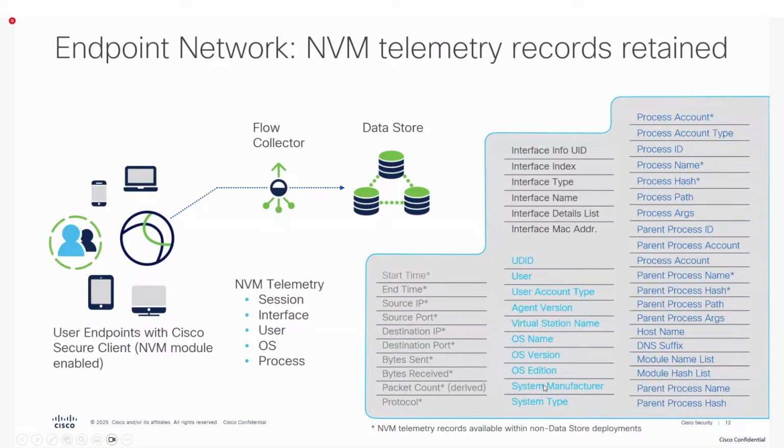And then in the dark blue, we're looking at what's actually happening within the operating system. So looking at process names, process hashes, parent process names, parent process hashes, looking at arguments that are being passed over to those particular processes.